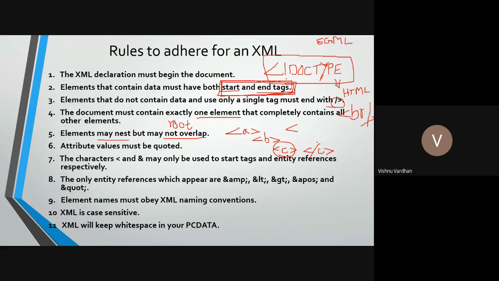But if you write B here, so that B is above this C, that is why it is an invalid XML.